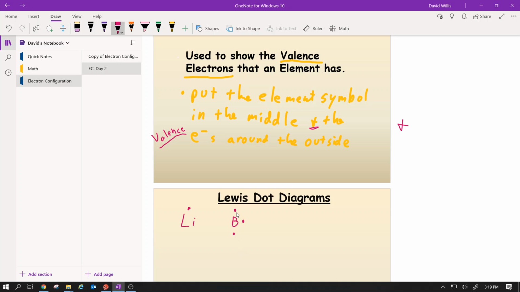Why don't you do iron next, in the B section? I'm not going to do iron. Because it's in the B section, it's a transition metal, and it has some special rules to it.